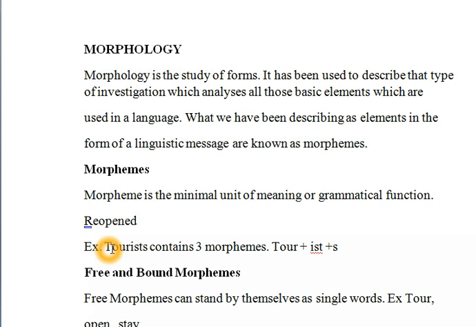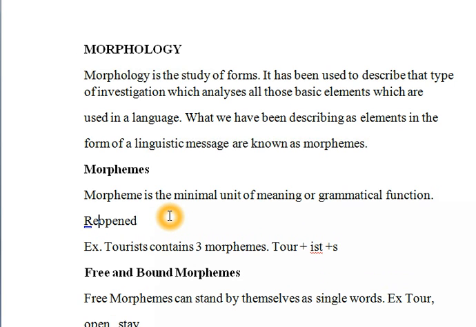We have another example, the word tourists in the plural form. This word contains 3 morphemes: the word tour and ist, plus the plural form s.